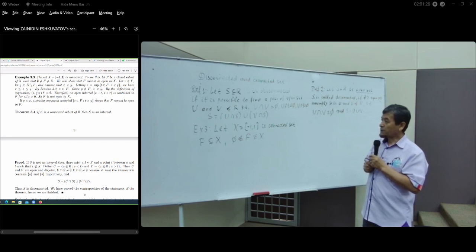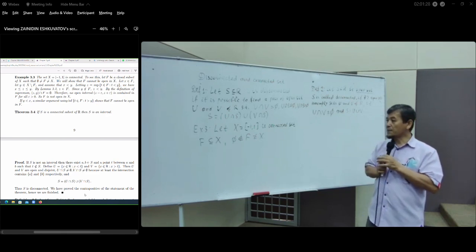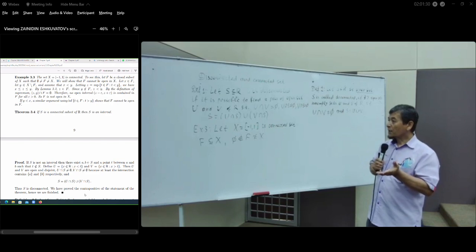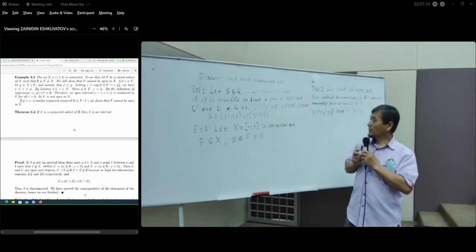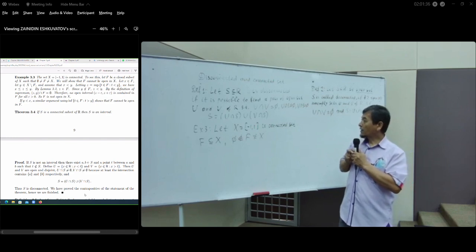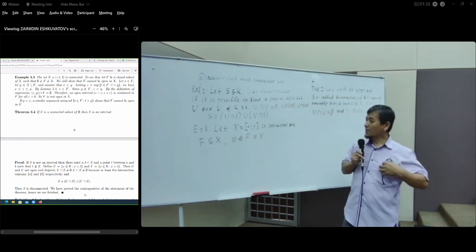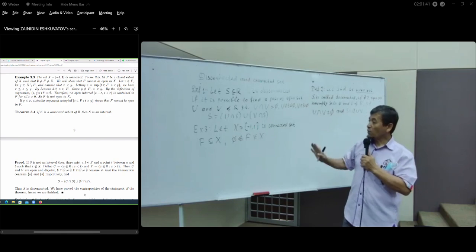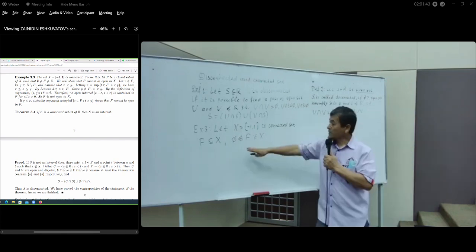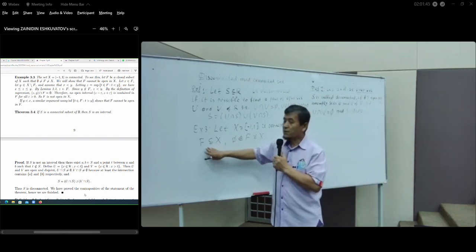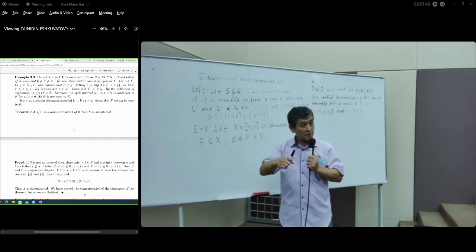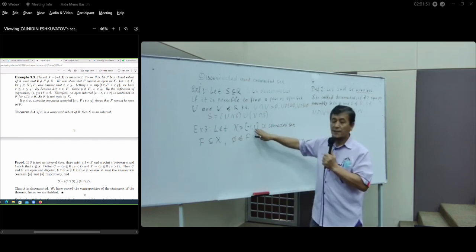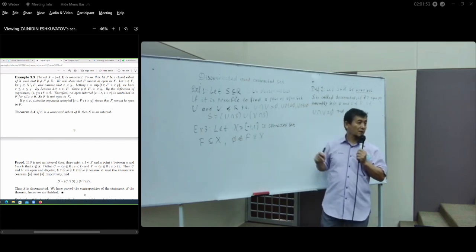If every subset is a closed set, then this set is not disconnected. They are trying to show that. If every subset of X is a closed set, then the given set cannot be disconnected.